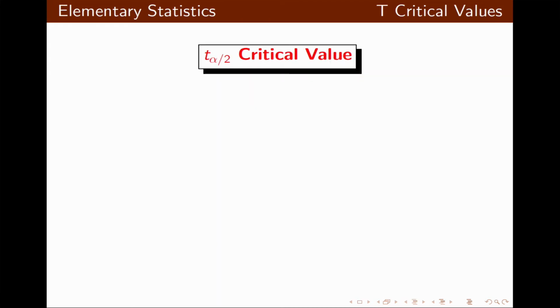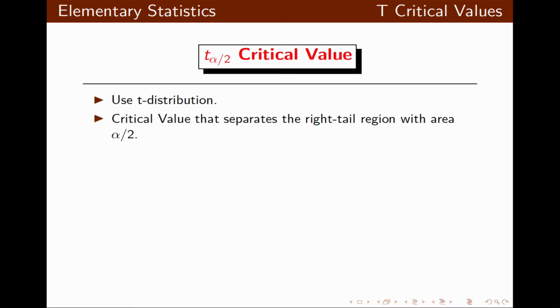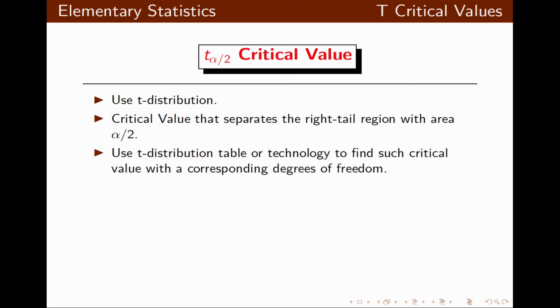So now let's look at critical value t alpha over 2. We use t distribution. Critical value separates the right tail region with the area alpha over 2. We use t distribution table or technology to find such critical value, which also depends on corresponding degrees of freedom.